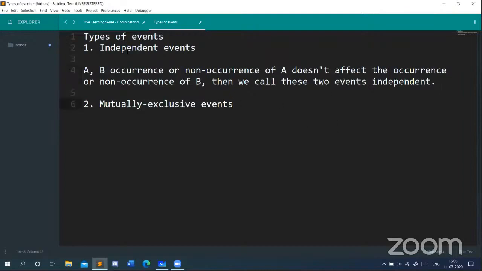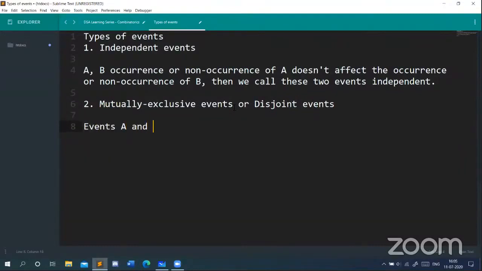Right. So now that we know what independent events are, I want you to be aware of mutually exclusive events. And mutually exclusive events are also called disjoint events. And here's how I'll define them.